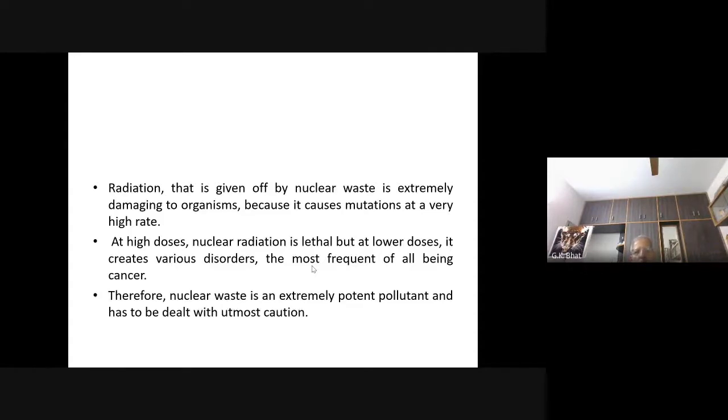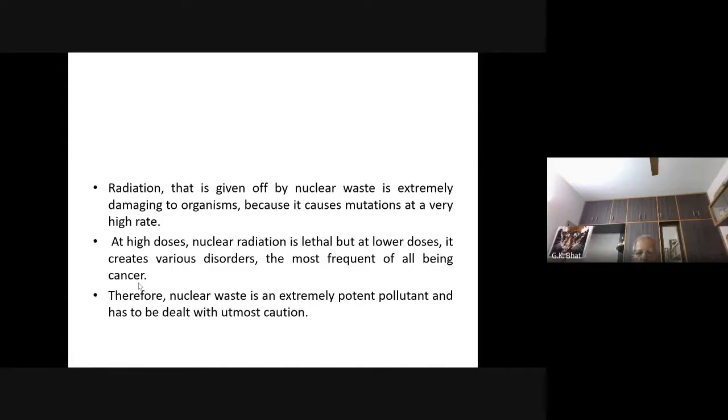At high doses, nuclear radiation is lethal, meaning it brings about death. But at lower doses, it creates various disorders, the most frequent of all being cancer.